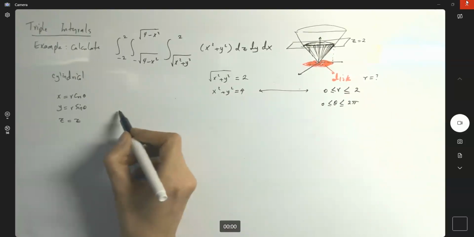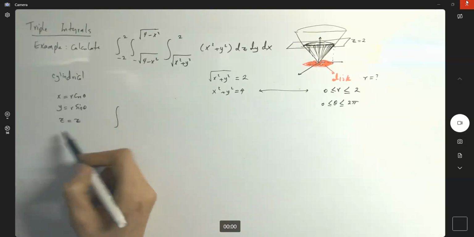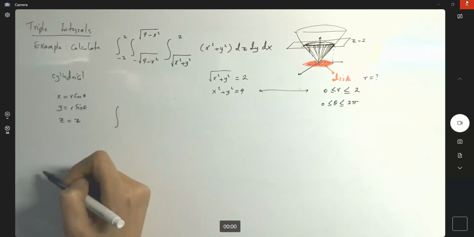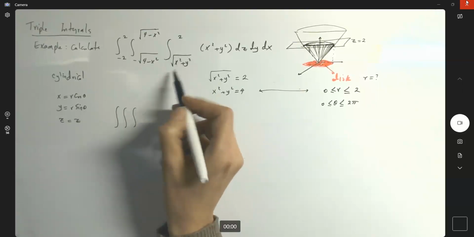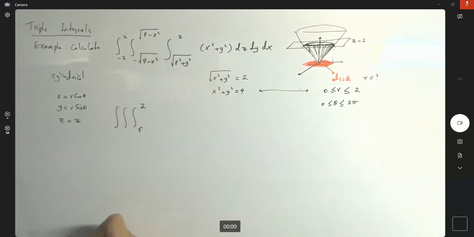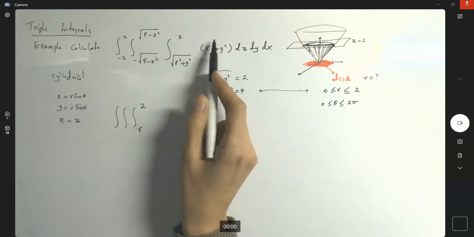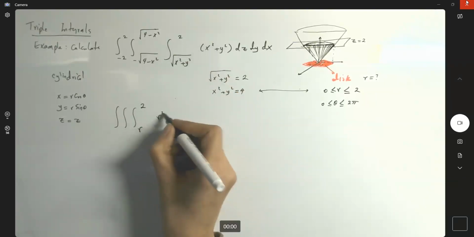Very good. So this becomes the integral. Here we have our x, our y, and our z, which all need to be converted into z, r, and theta. So we have a triple integral. This becomes r, this stays at 2, and here you have r squared cosine squared plus r squared sine squared, which is just r squared.